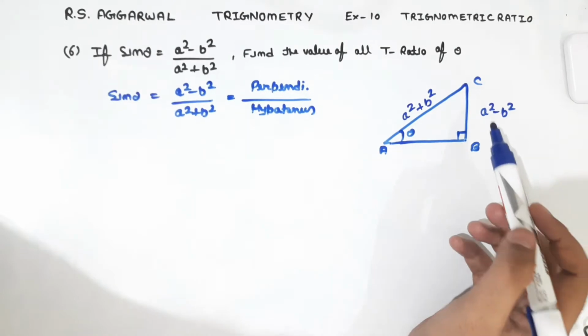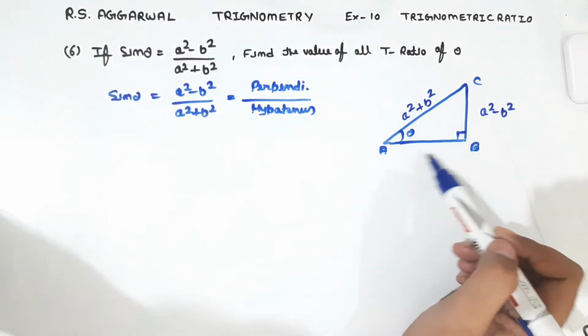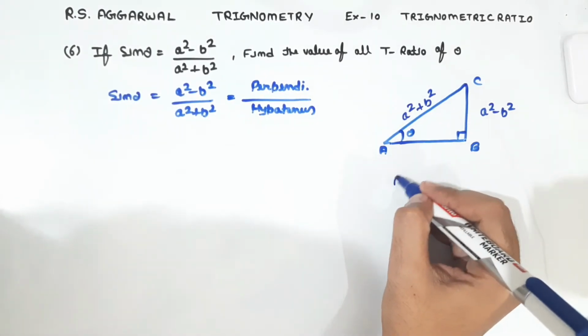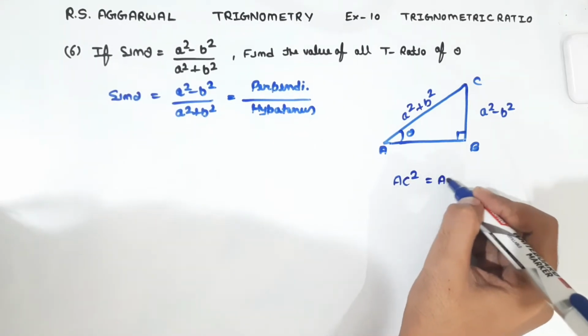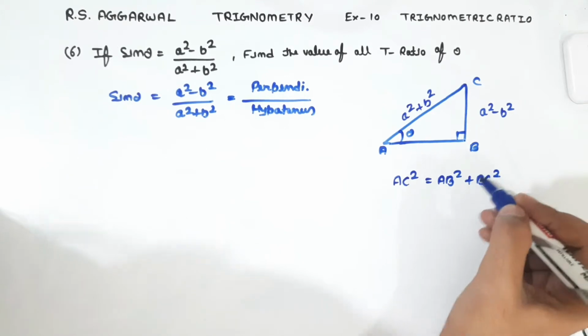So in this triangle we have perpendicular and hypotenuse. We have to find AB, that is base. So we know in right angle triangle AC square will be equals to AB square plus BC square.